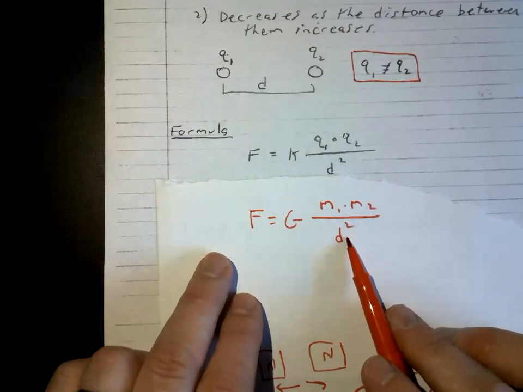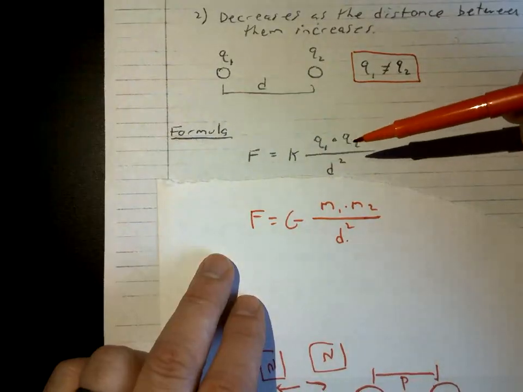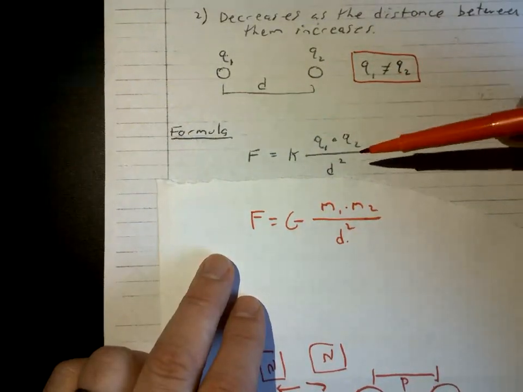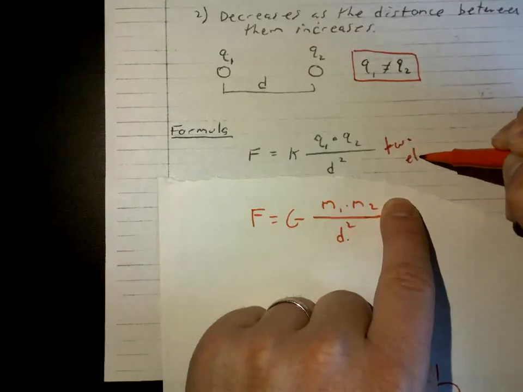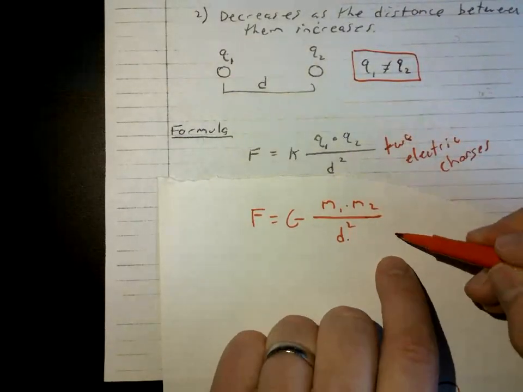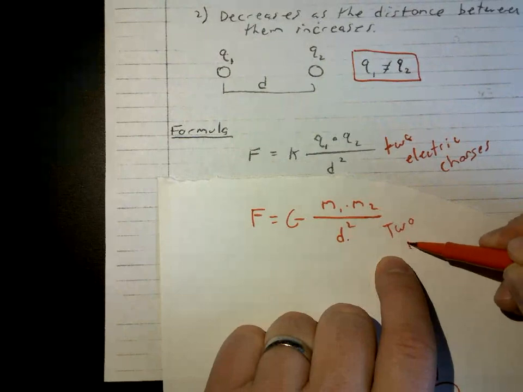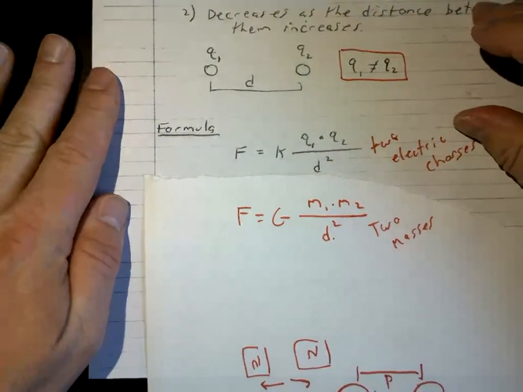That's Newton's law of gravitation, and then you have Coulomb's law that describes two electric charges. Remember, these are two electric charges, and these are two masses. They're very similar to each other.